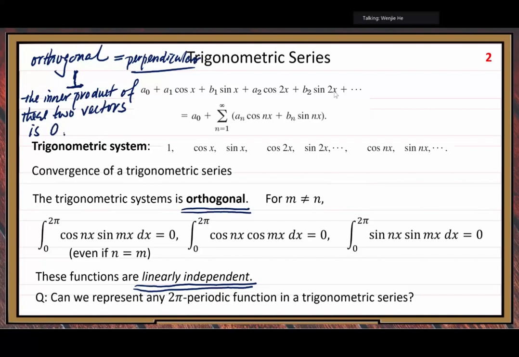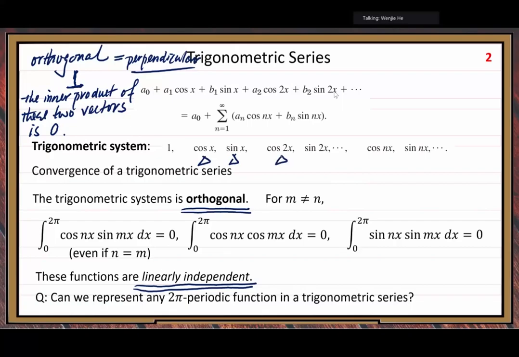Then, what is a vector? Let's understand the meaning of a vector. Can we generalize our understanding of vector? A vector is an object. So my question is, can we treat each of these functions as a vector?